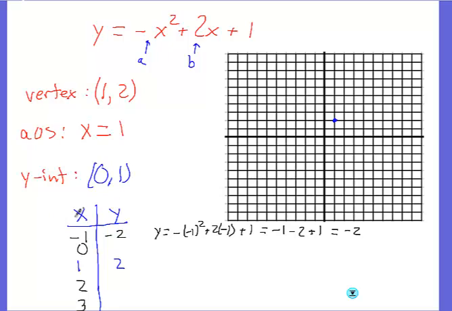So the y coordinate that goes along with negative 1 is negative 2. Now again, let's plug 0 in for x. We know that this is just our y-intercept, so those cancel and we're left with 1. So we have negative 1, negative 2 as a point, and 0, 1, and 1, 2. Now we have to find x equal to 2, so let's substitute 2 in the equation.